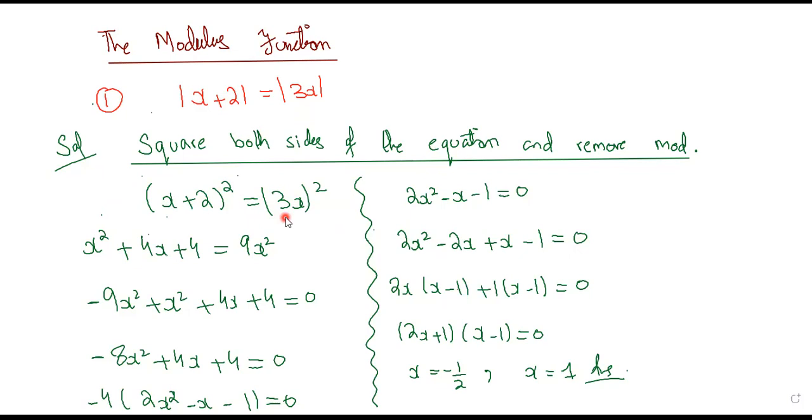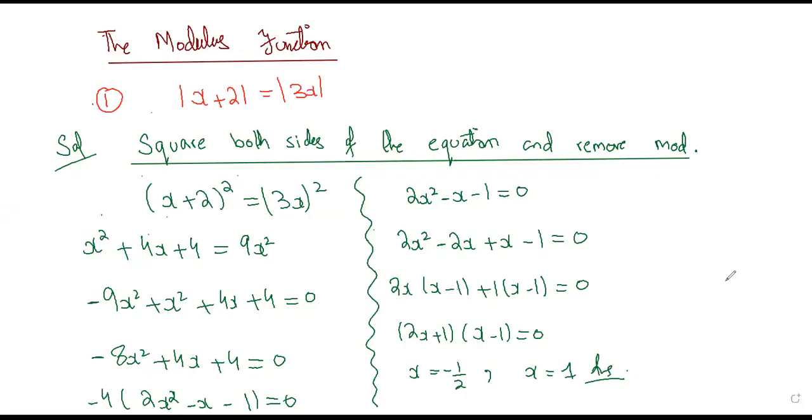Now it's very simple. I've just expanded, I've simplified, and this was my quadratic equation. I have entered the two factors, I got this, and x was equal to minus 1 by 2 and x is equal to 1. So this would be the solution of my modulus equation.